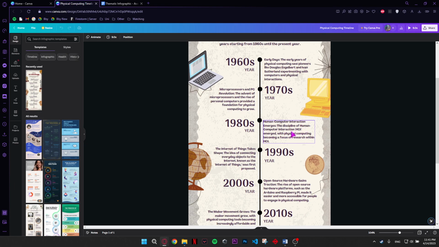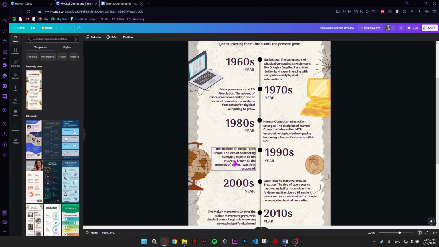The discipline of human computer interaction, which is also called HCI, emerged, with physical computing becoming a focus of research within HCI. So physical computing was basically the focus here of human computer interaction. So, in the 1990s, the Internet of Things takes shape.